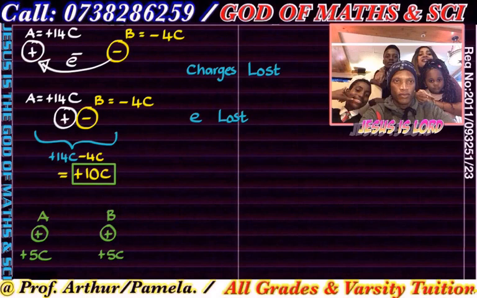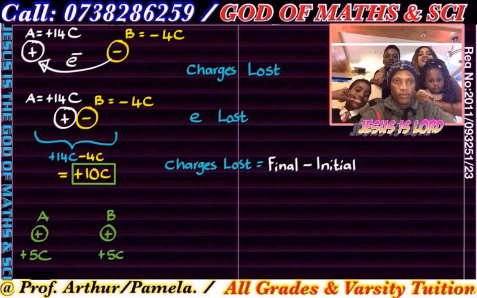Now, all you have to do, let's just say charges lost. Let's just put it here. It's going to be the final charges, I'm talking about final charges, minus the initial, the one that you have in the beginning.